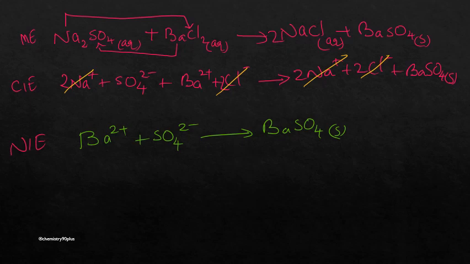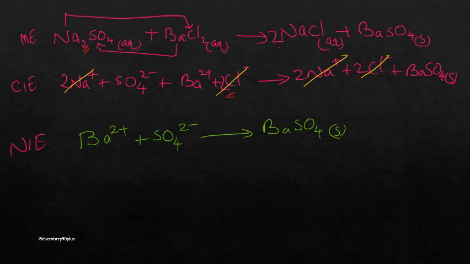Then you must have the complete ionic equation: 2Na plus, because there is a subscript 2 here, and then SO4 2 minus, and Ba2 plus, because barium's charge is 2 positive, and there are 2 chlorines, so 2 Cl minus, right?